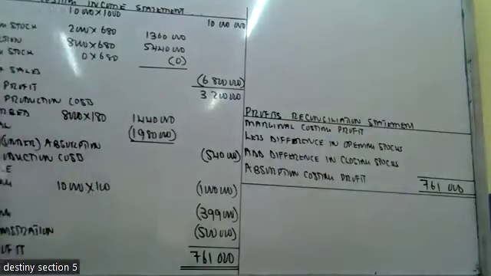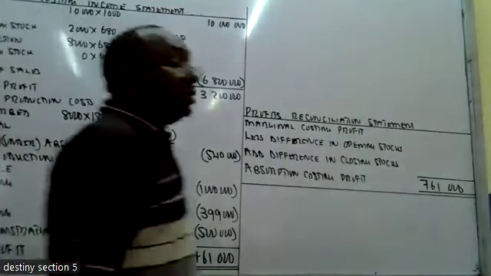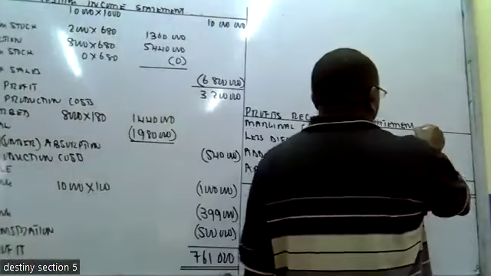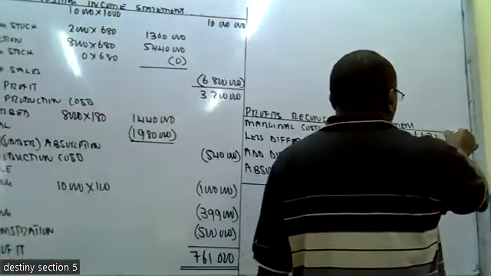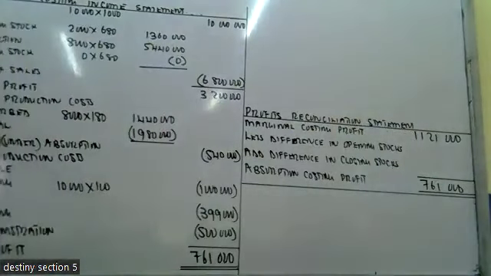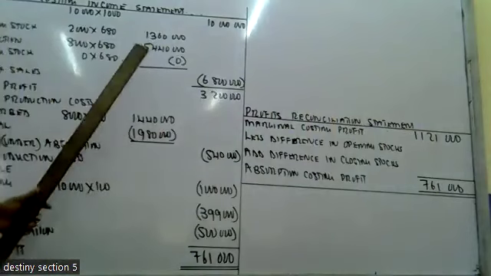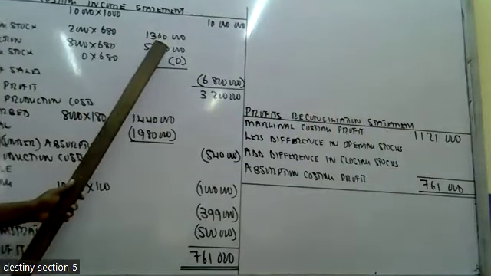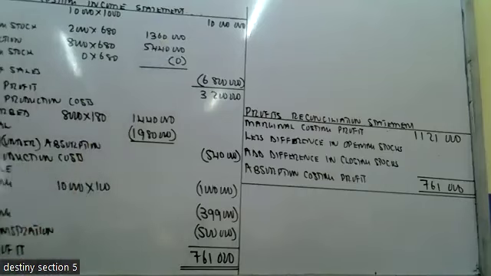Marginal tulikuwa tumepata 1121. So what you shall do, the absorption wametumia hii value ya open 1360. Na wale wa marginal walikuwa wametumia 1 million.